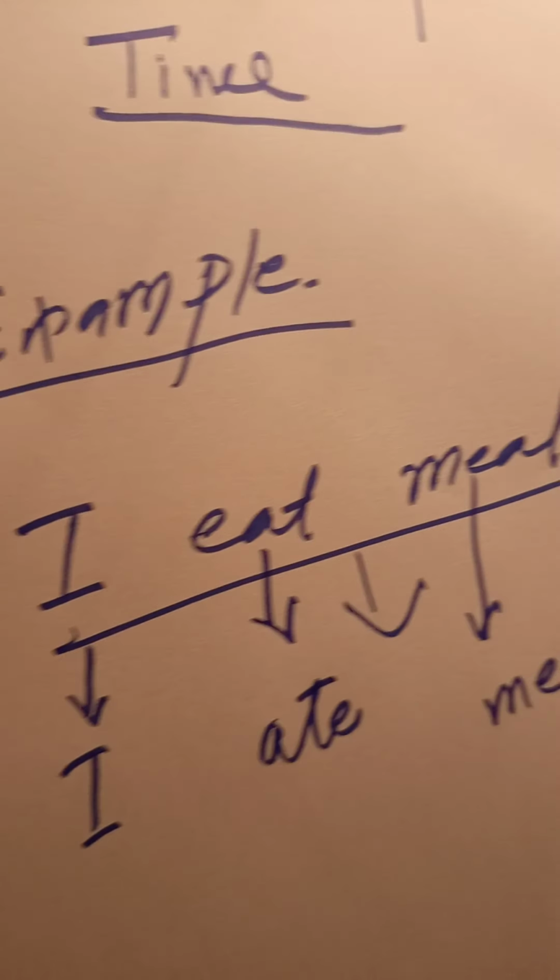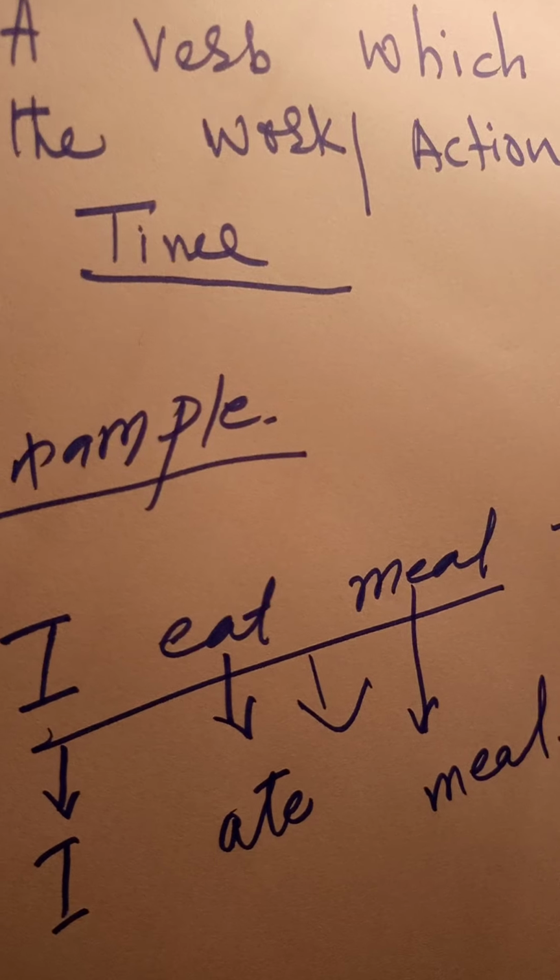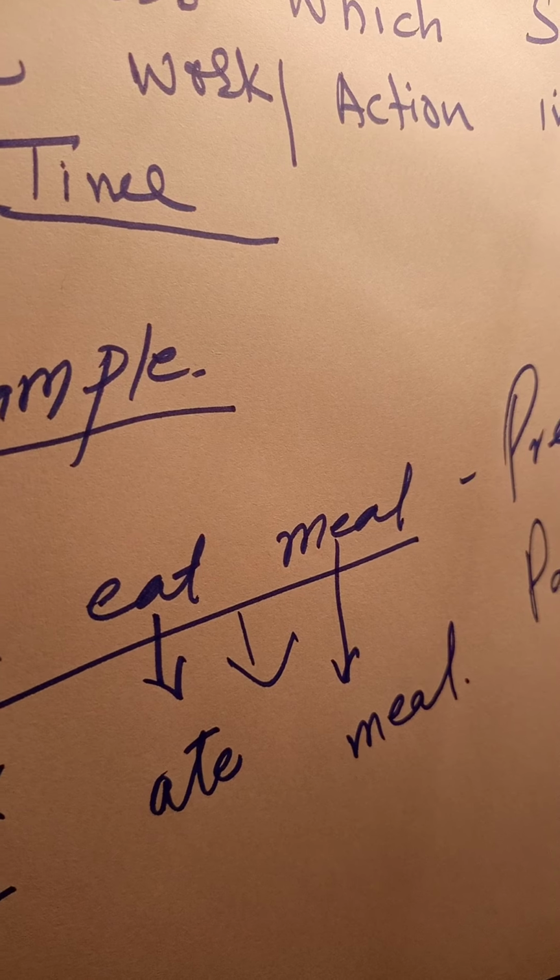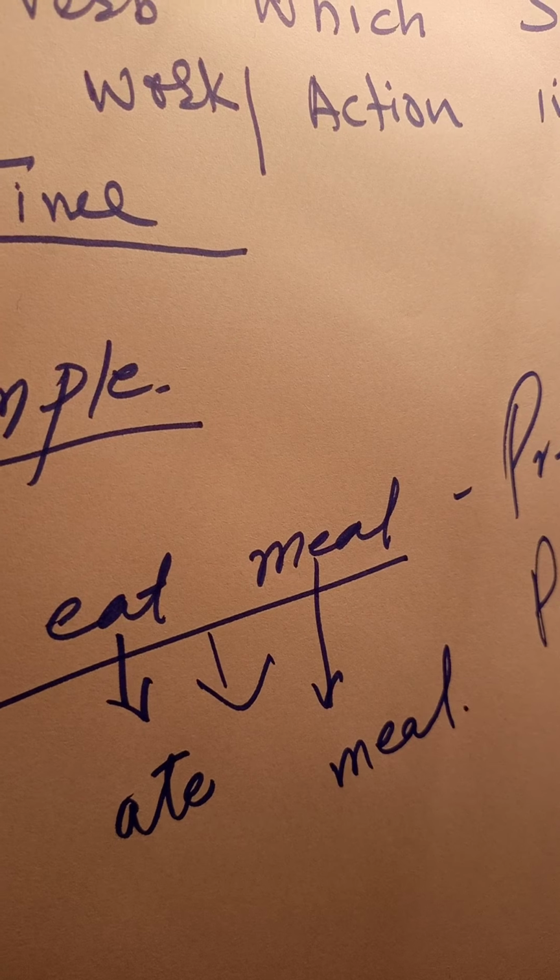I give you another extra about a sentence, how to make a sentence in a simple way. A sentence sometimes is without objects, sometimes with objects. Like I eat meal. This is not concerned with past tense, but I am giving you extra knowledge.